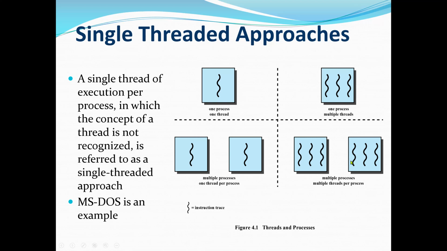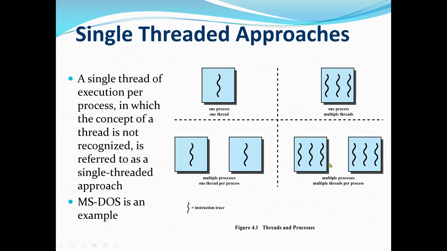The figure here again shows the multi-threaded approaches. A Java runtime environment is an example of a system of 1 process with multiple threads. Also of interest is the use of multiple processes, each of which supports multiple threads.